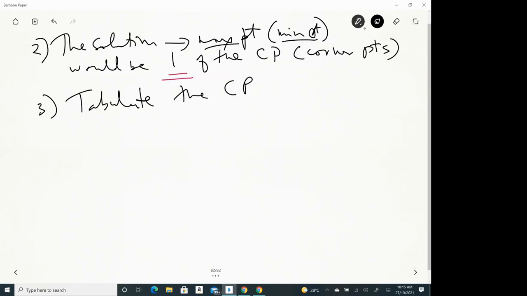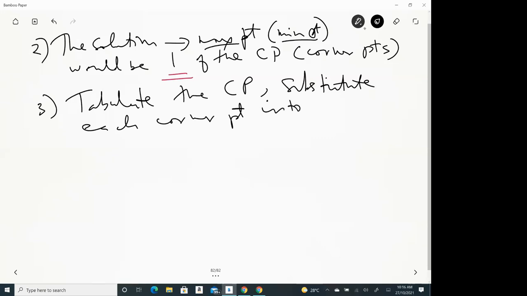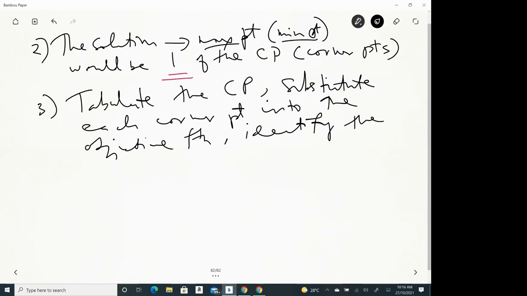Then we substitute each corner point into the objective function, and then we identify the solution from the table.